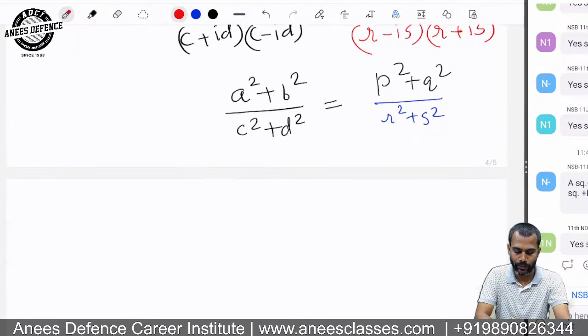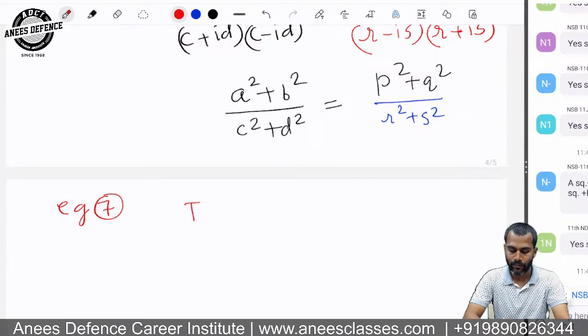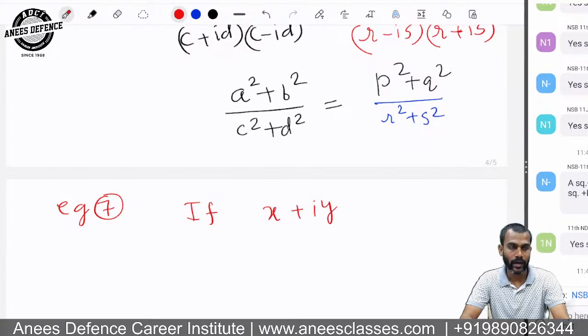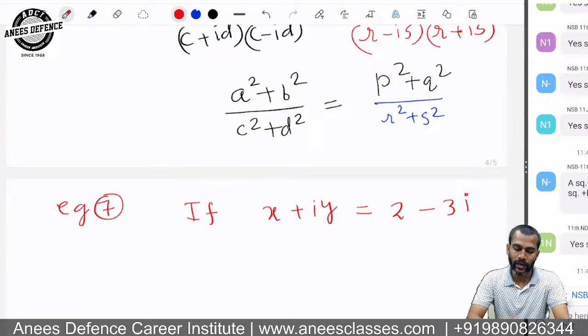Example number 7. If x plus iy is equal to 2 minus 3i, find the value of xy plus y by x.